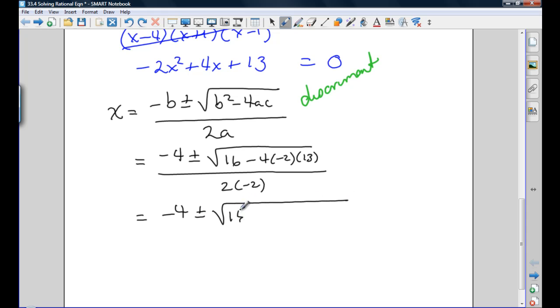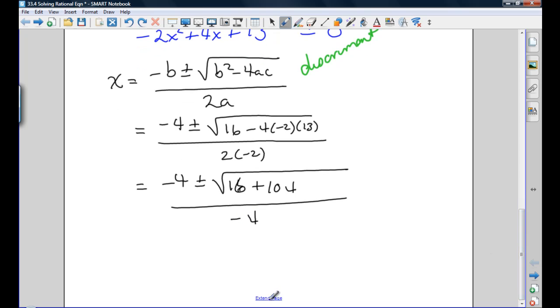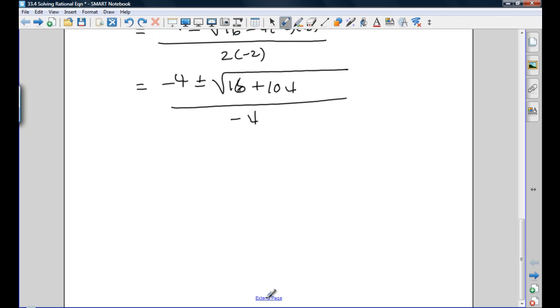Now the important part here is that we end up with a negative times a negative, which is going to be a positive. And so we have 8 times 13. 8 times 13, so 8 times 3 is 24, and 2 up there is 104. So this is, as we mentioned before, going to be a solution that has 2 possible solutions.